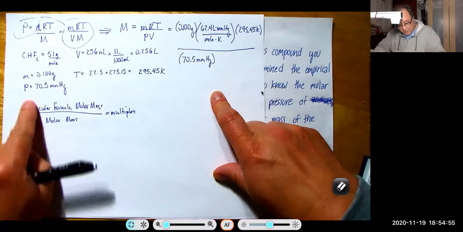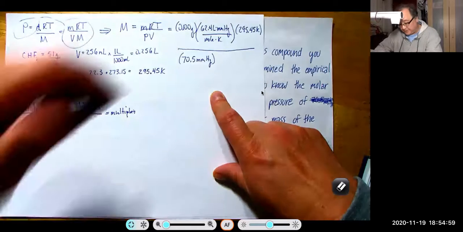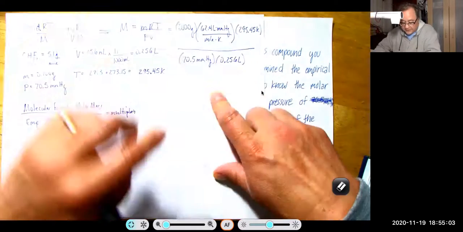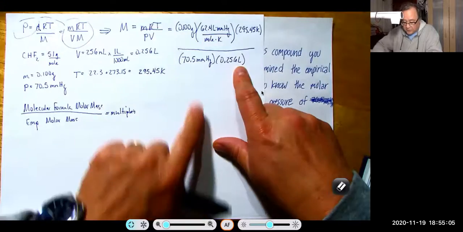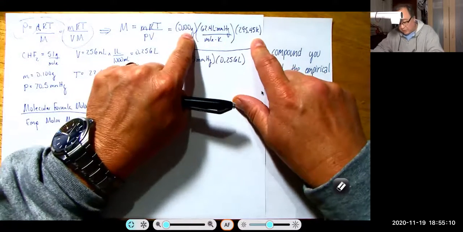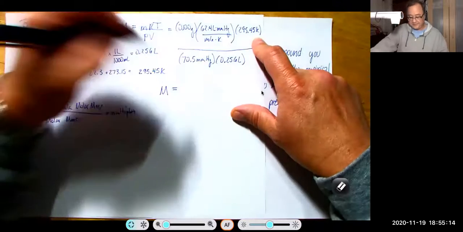And then for the volume, we're going to use 0.256 liters. So you can see that the liters cancel, the millimeters of mercury cancel, the K cancels, we'll be left with grams and moles, which is what we should have for our answer to get the molar mass.